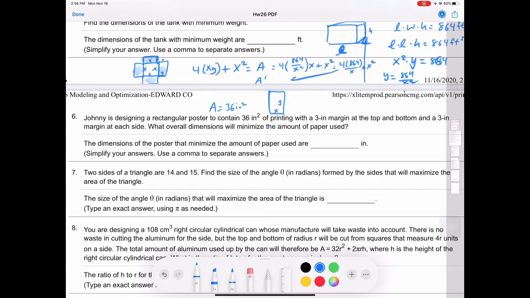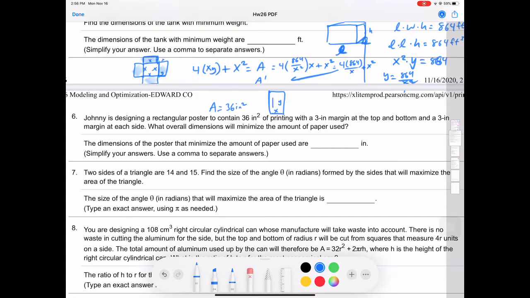So it's going to be, what is the minimum amount of paper used? Johnny is designing a rectangular poster that contains 36 inches of print. Oh, within a margin. Okay, so we have a poster within a poster.